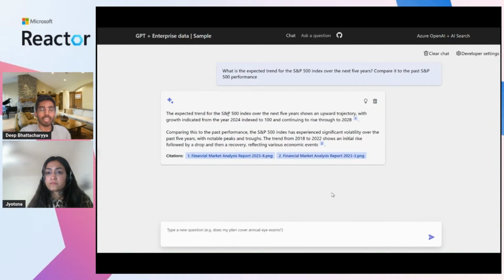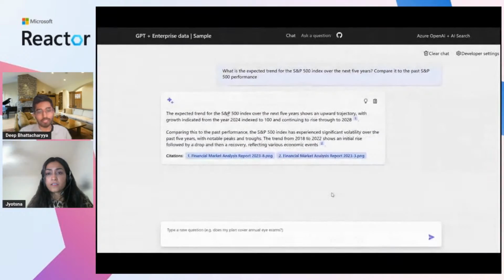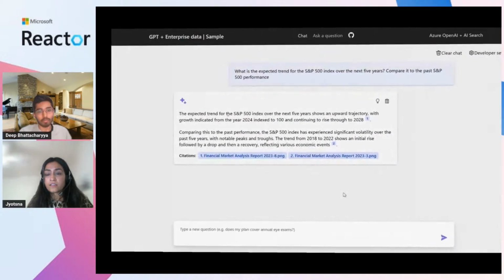And when you want to interpret that, it essentially uses the same AI search engine as it uses for text search. It does the same thing with images. And if you click on the image, it opens up the image.